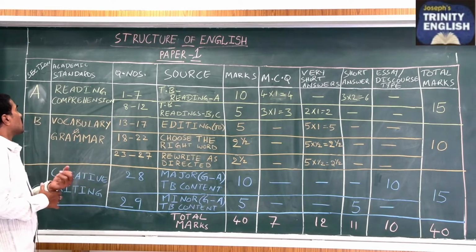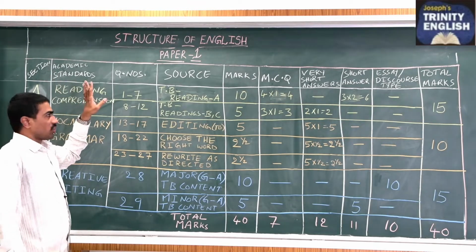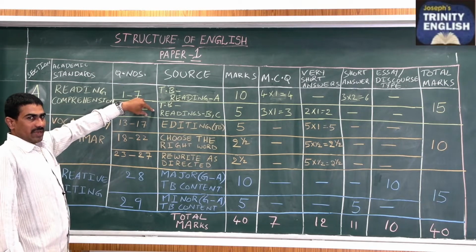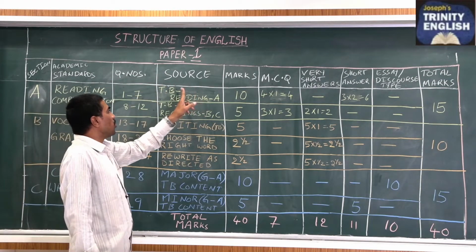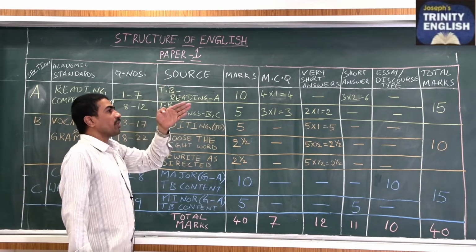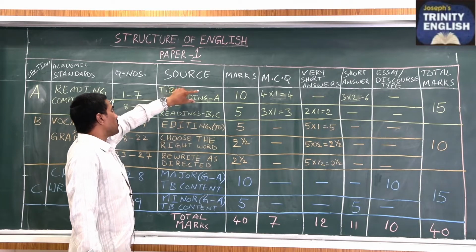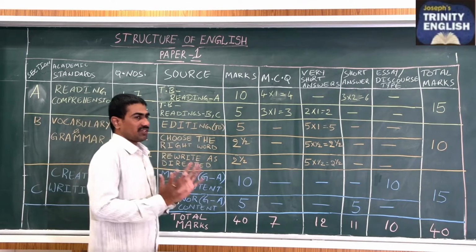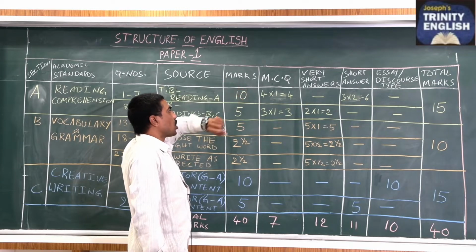Under reading comprehension we have question numbers 1 to 12, and first we have questions 1 to 7, and as I told you it is from the textbook. Mostly in each unit we have reading A, reading B, reading C, and the questions from 1 to 7 come from reading A, the first lesson of each unit, and there are 10 marks allotted to this.